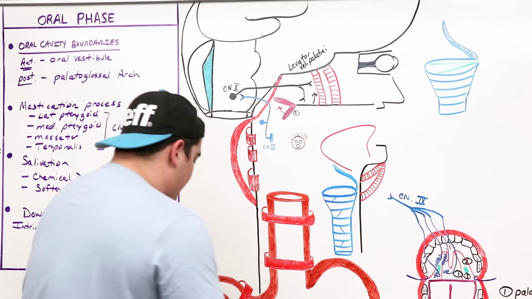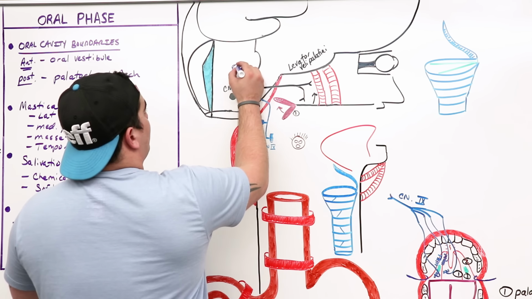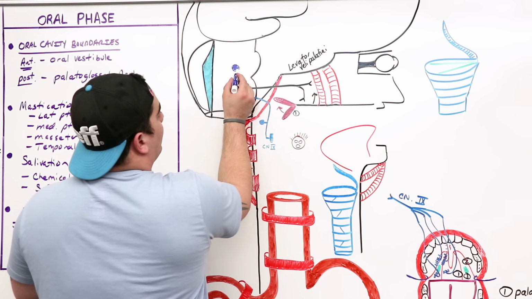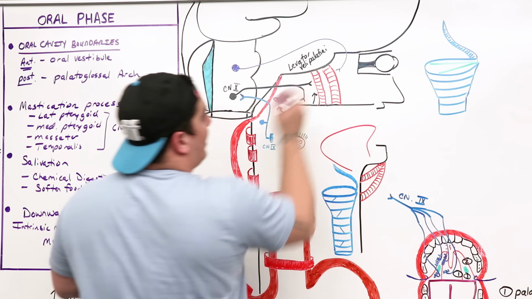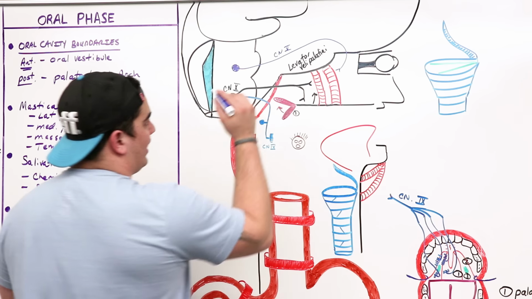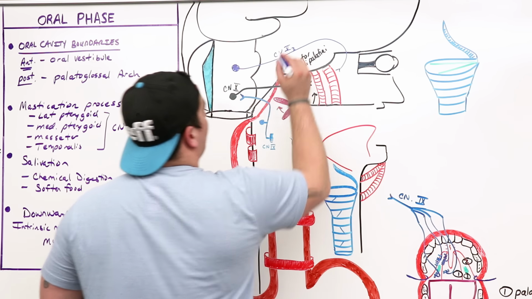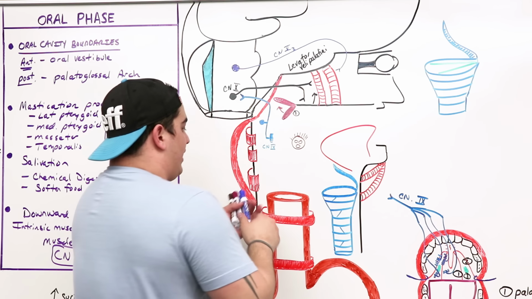Another one is the trigeminal nerve. Again, the trigeminal nerve can have fibers that come out and innervate this guy. Again, this right here can be cranial nerve 5, the trigeminal nerve, and this is actually going to be V3, the mandibular division. It'll come and innervate this muscle.